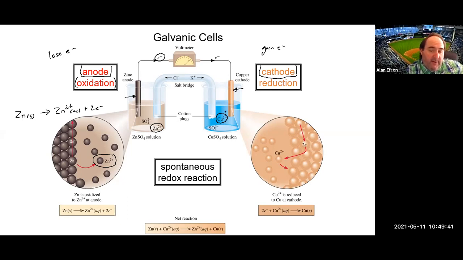They come through the wire, down into the solution, and hook up with some of those Cu2+ ions floating around. The reduction reaction happens: Cu2+ plus two electrons makes solid copper.